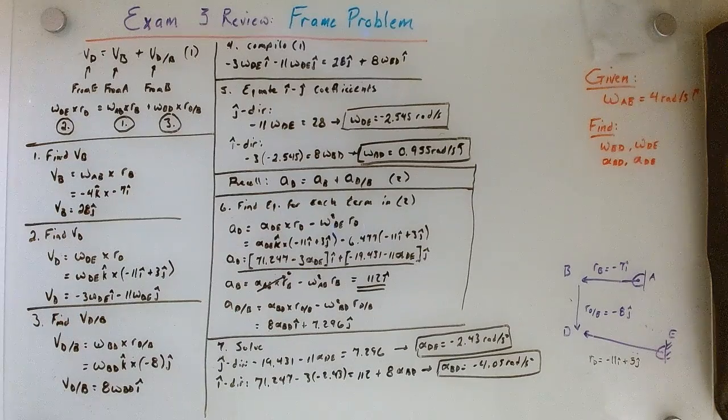And also consider that I definitely won't give you a problem like this on the exam because it just takes too long, but I may give you a problem like this in 2 parts, right? So maybe first half you find the omegas, second half you find the alphas, or something.